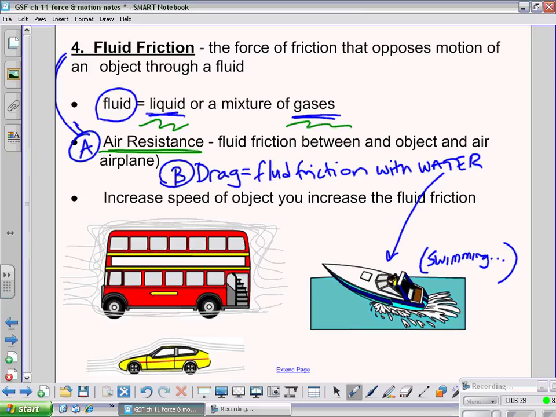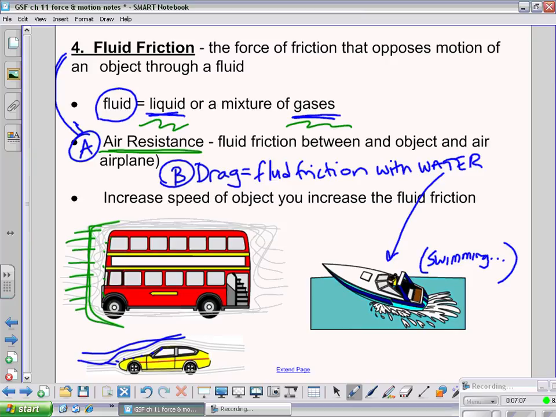So anytime you're talking about friction between air and an object, that's air resistance. You look at this car, this double-decker bus, lots of air resistance, lots of surfaces that the air is hitting there. Not very aerodynamic. But then look at this sports car, that's very aerodynamic. Not as much friction with that air against there.